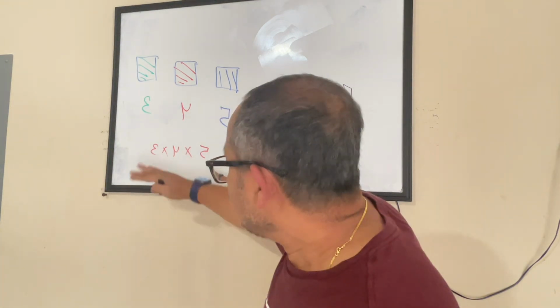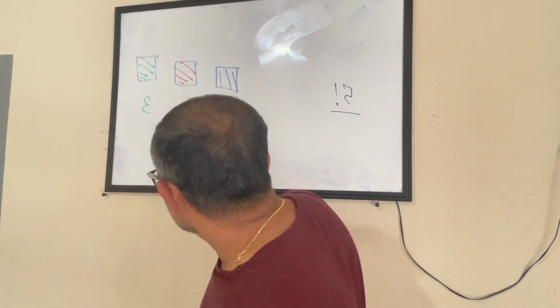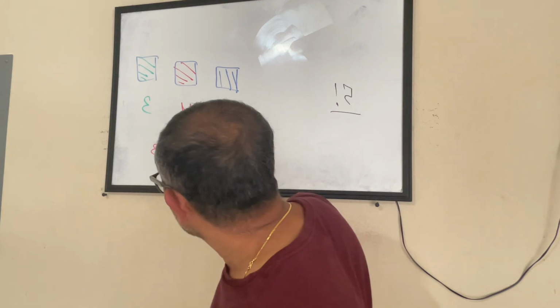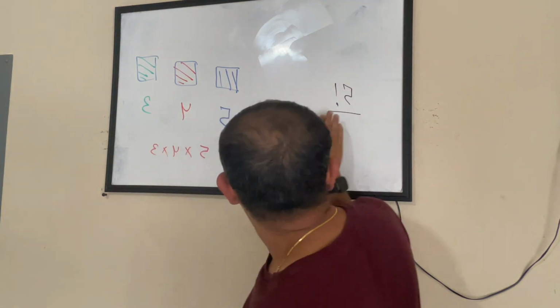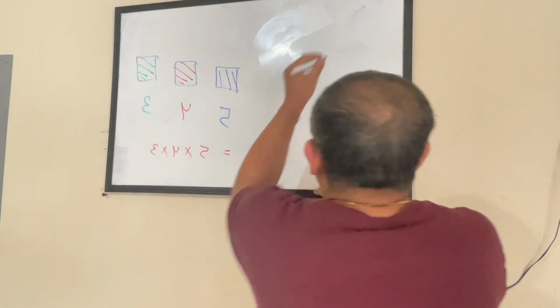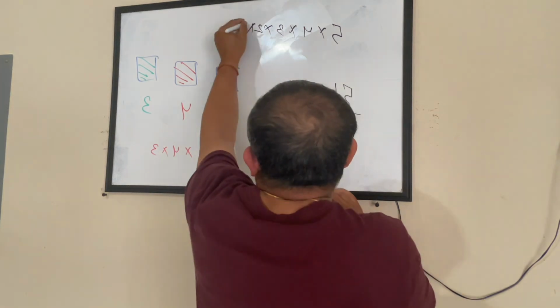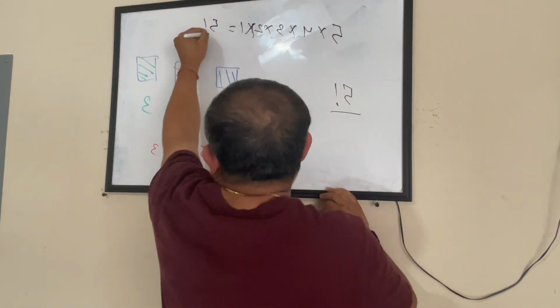Now, how do I generate it? What is the sign next to 5? That's called factorial. There's a shorter version to represent that.